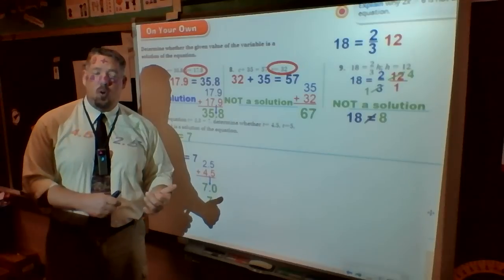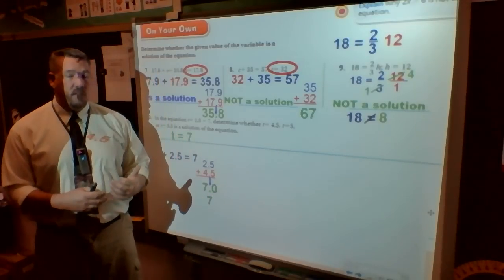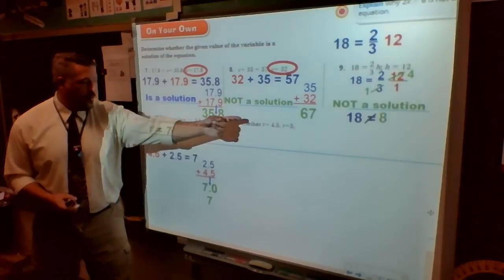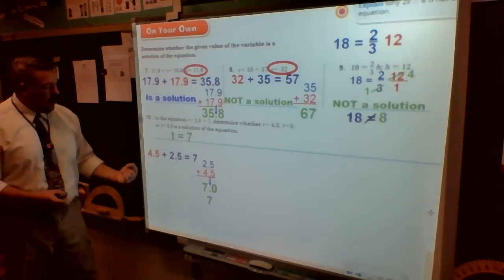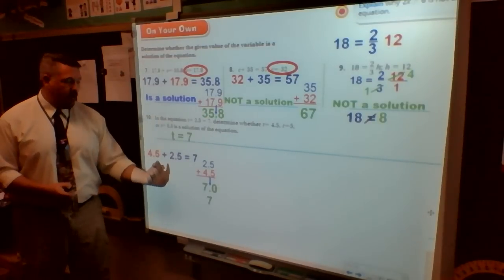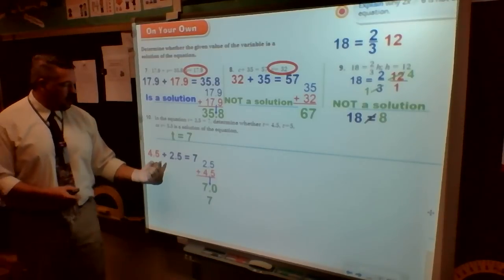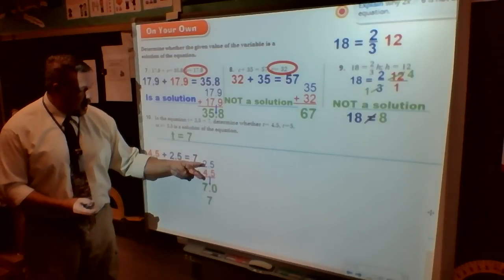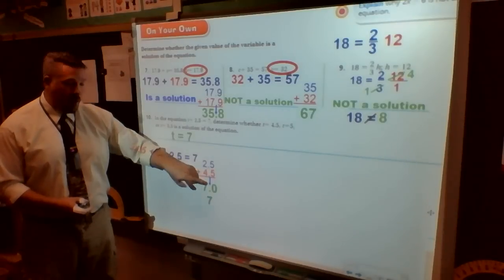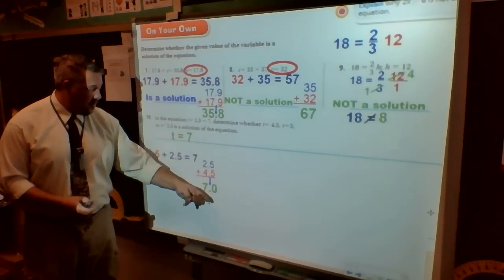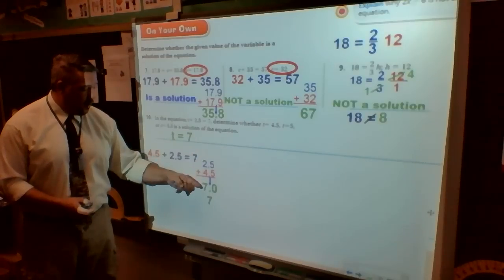I have to check each one, even if my first answer is yes, this one works. So I plug in my 4.5, I add the side together to see if I get this answer. Well, 4 5/10 plus 2 5/10, I stack them according to decimals, bring my decimal down. When I add those together, 5 and 5 is 0, carry my 1, 4, 2, and 1 is 7.